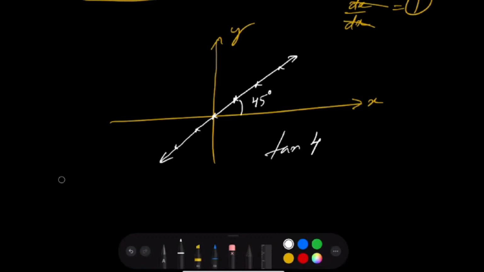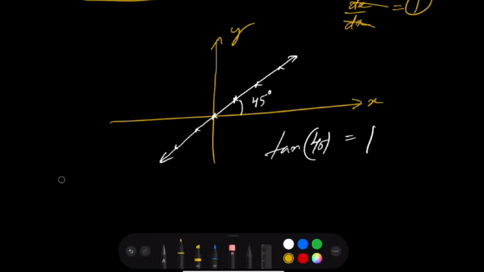And what is tan 45? Tan 45 is equal to 1. Clear? So the slope of this line is 1, however you try to find it. You use tan 45, you get 1. You use the expression y equals mx plus c, according to that m is 1.